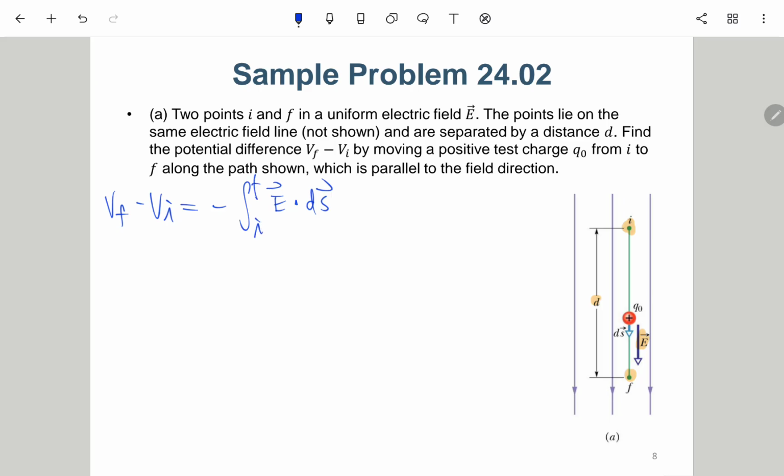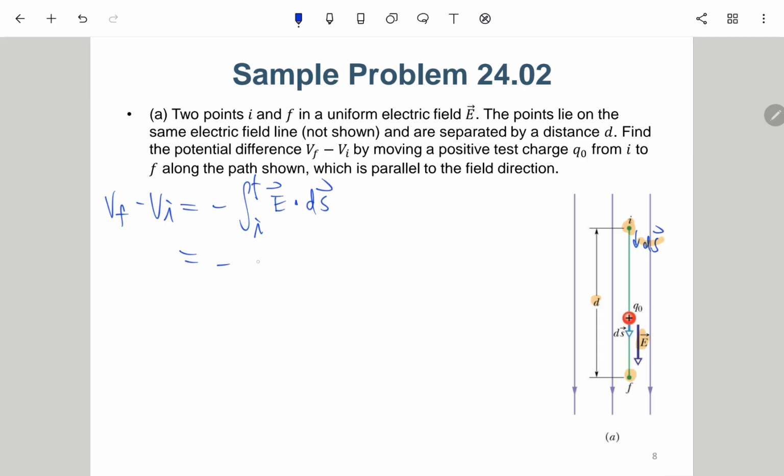Along this path, ds will be all the way pointing downward, which means that ds and E are pointing in the same direction.